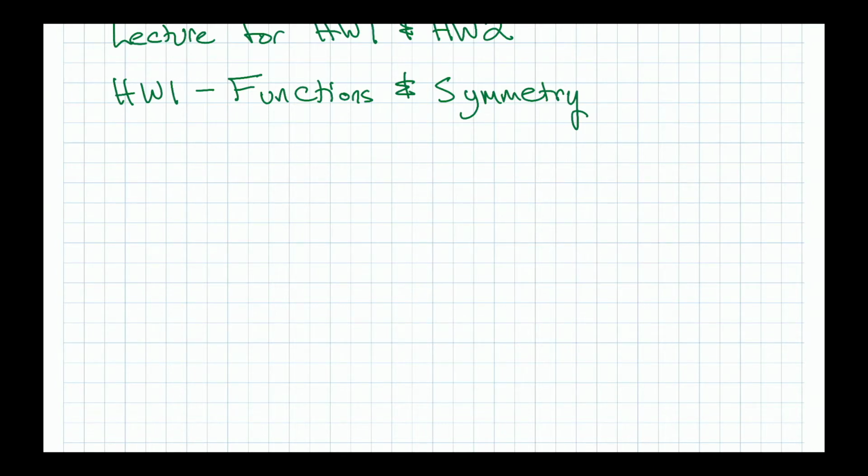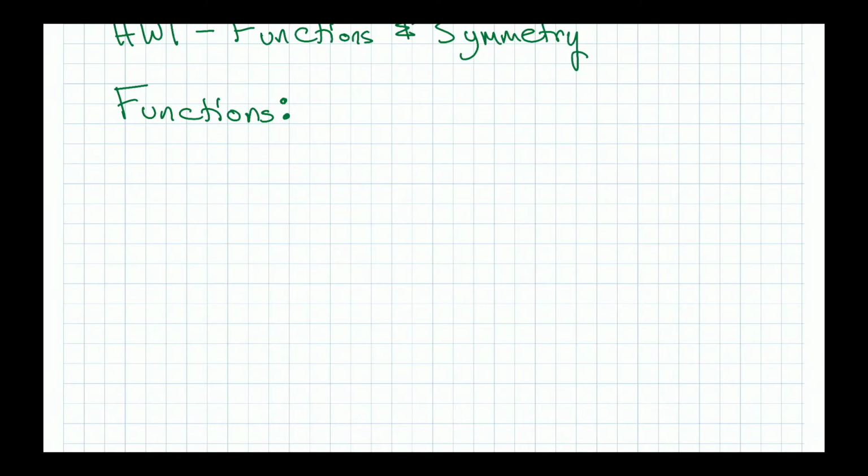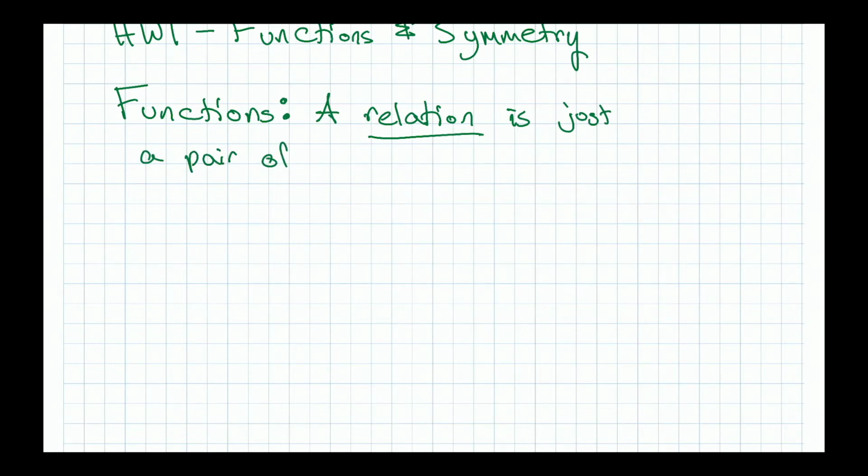So let's start there. Functions. Now, I'm going to define a relation first, and then I'm going to talk about a function. So even though I wrote functions, I'm going to write a relation. A relation is just a pair of values.